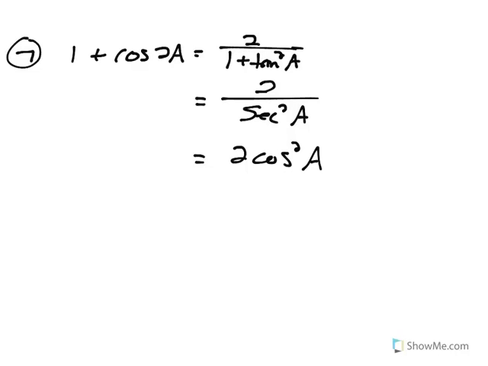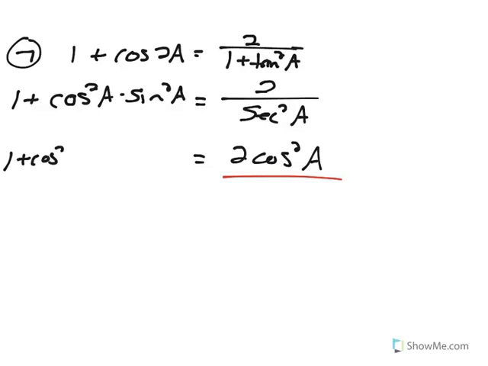On the left, I recognize cosine squared of a is the same as cosine squared of a minus sine squared of a. As I continue, I look at the right side, it only uses cosines. The left side, I have this sine squared in it. So somehow I've got to get rid of that sine squared.